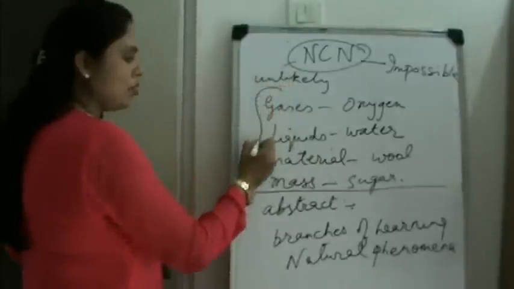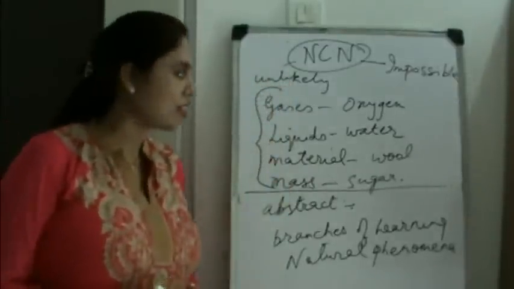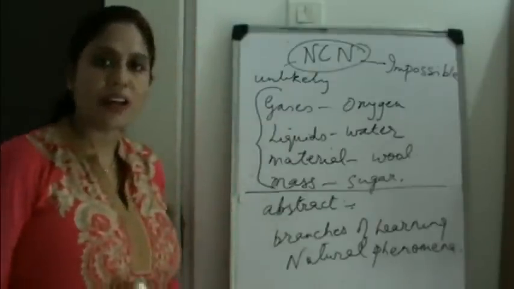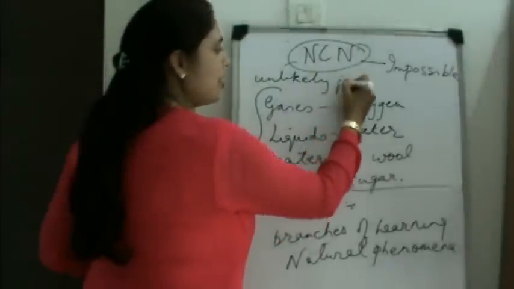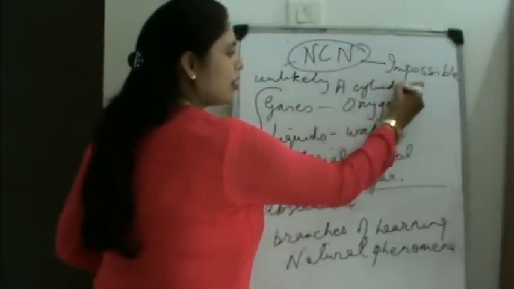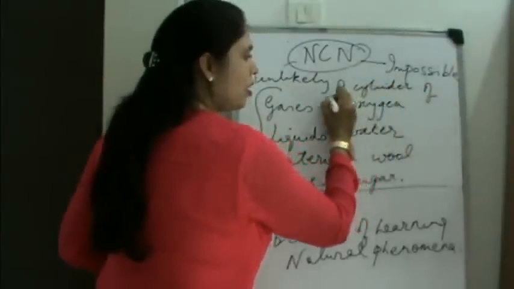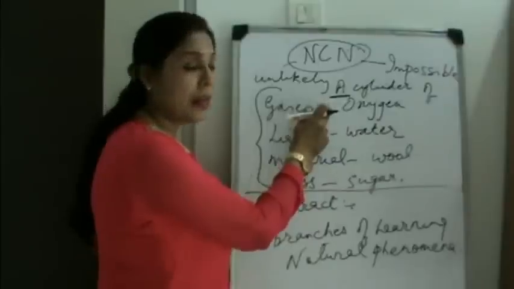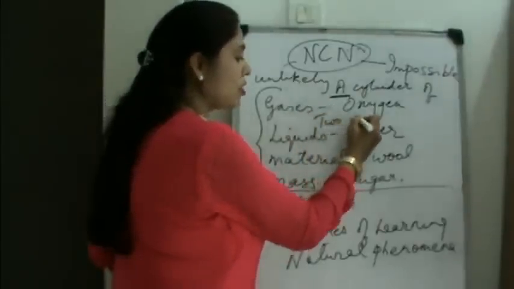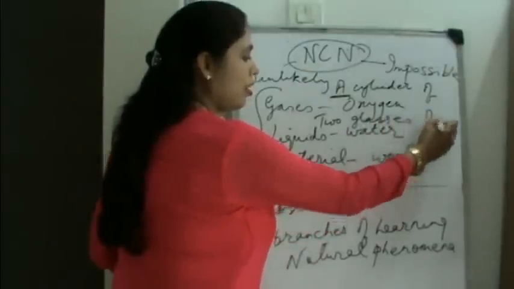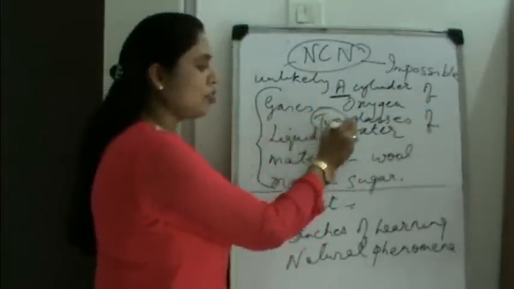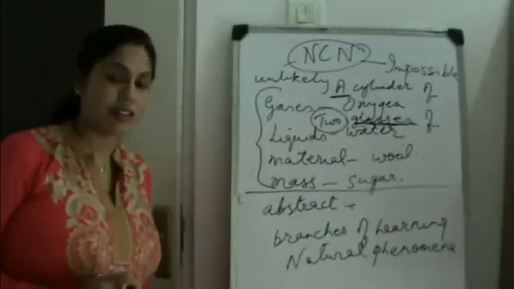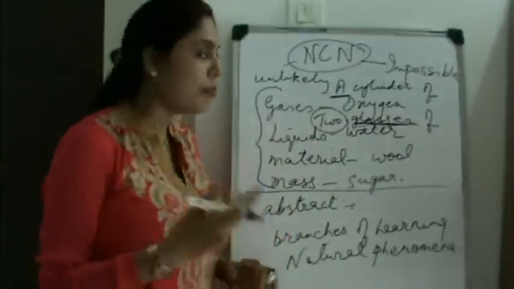We cannot count these nouns, but because they do have a physical body, I can put them into a measure or quantity. So this is how I can put them into a measure. I can say a cylinder of oxygen. Observe that if the number is 1, I have made use of an article here, a. I can say 2 glasses of water. What have I done here? I have prefixed 2 to glasses, and because I can count a glass, I have given this word the plural form.